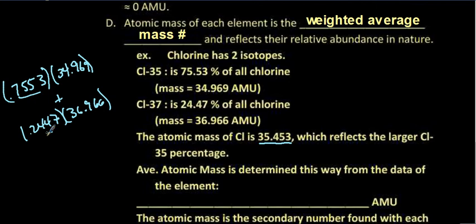These fractions add up to 1, and so the total mass we're going to get is equal to 100% of the average mass. And this winds up being 35.45, which is pretty much what we were expecting over here.